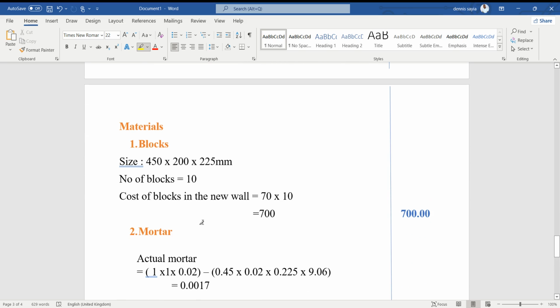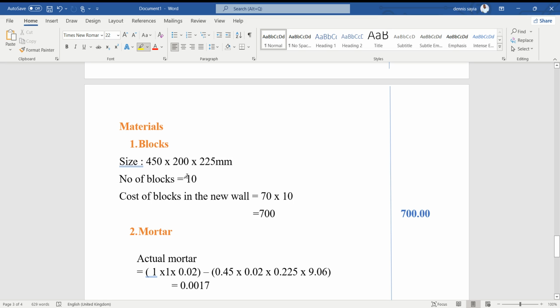Now let's find the cost of the material now. Remember the size of the block was 450, the old one, by 150 by 225. That gave us 10 blocks. But remember what we used was the length and the depth. So this one, 450 and 225, is still what we'll use.